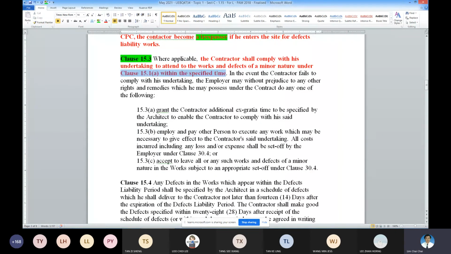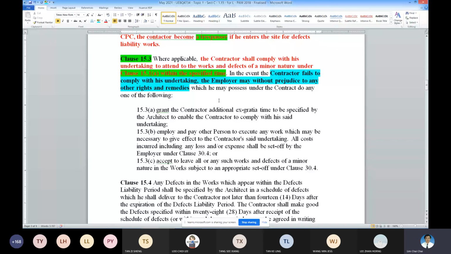Okay, so what happens if the contractor didn't comply? These are the actions that the employer can take. In the event the contractor failed to comply with the undertaking, the employer has these rights under the contract. So the consultant will assist the employer to invoke this right.